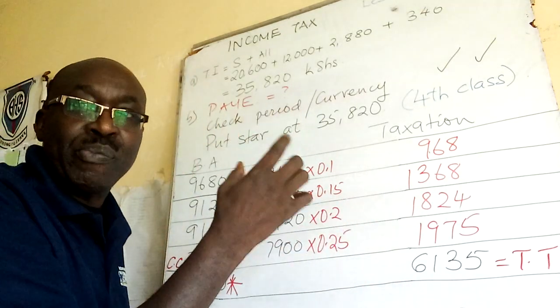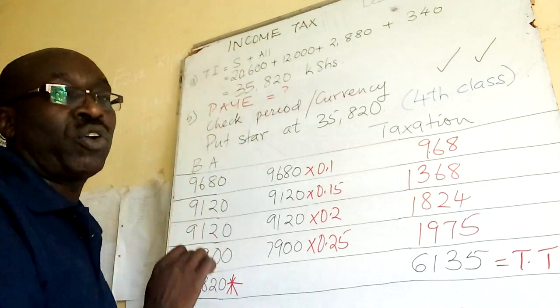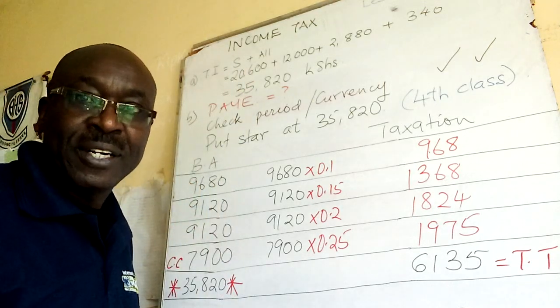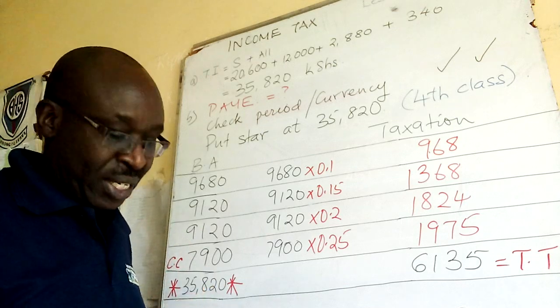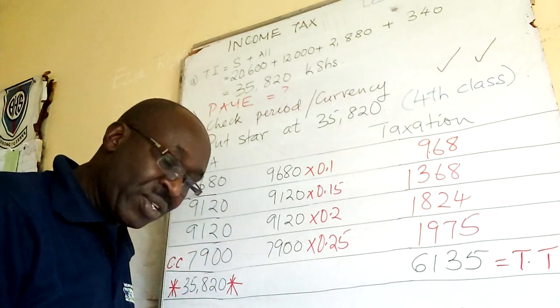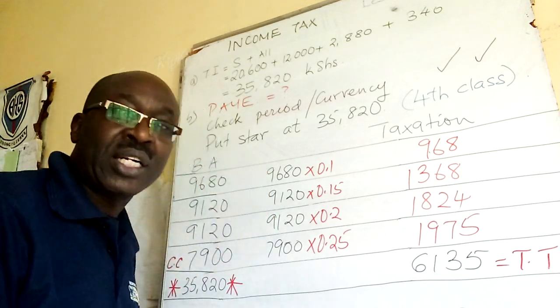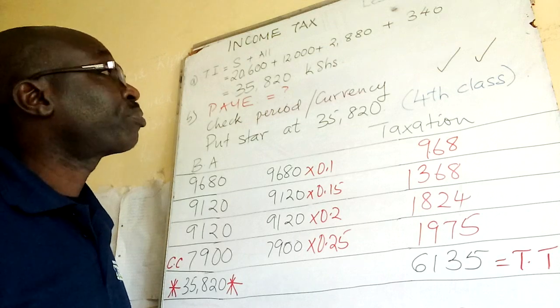So there is somebody who is earning a salary of 20,600 and then he has allowances. We are given a house allowance, medical allowance and transport allowance.